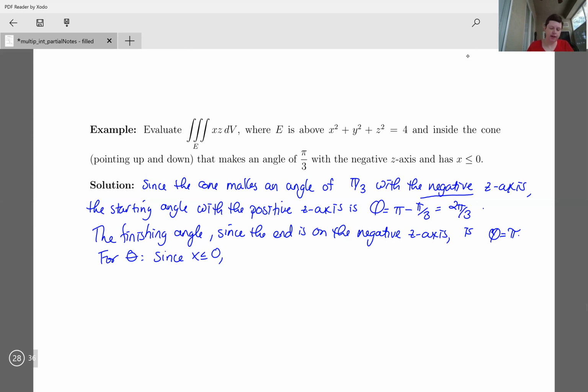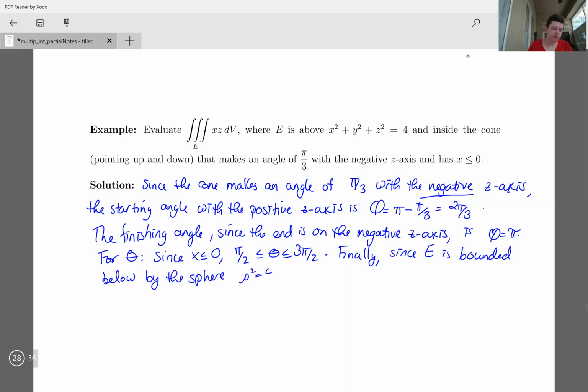So my theta is going to go between pi over 2 and 3 pi over 2. And finally, since E is bounded below by the sphere, rho squared equals 4, we know that rho is between 0 and 2.